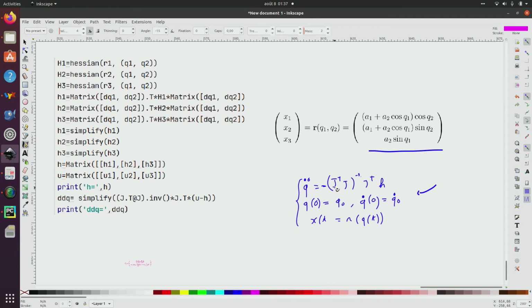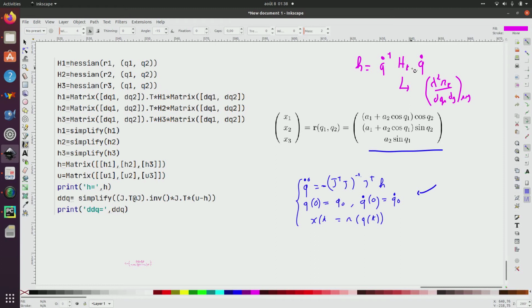I have computed J, but I also need H. And recall that H is equal to Q dot transpose Hk Q dot, where Hk is a Jacobian matrix, so the second derivative of the function Rk with respect to Qi, Qj. So it is this matrix.